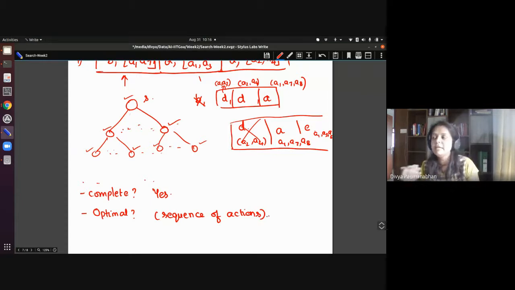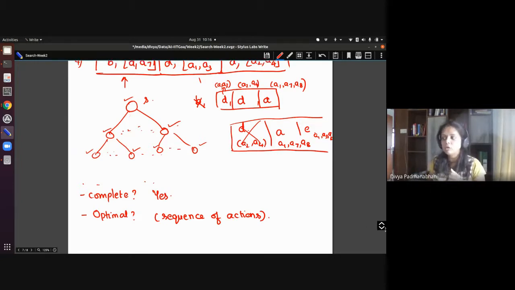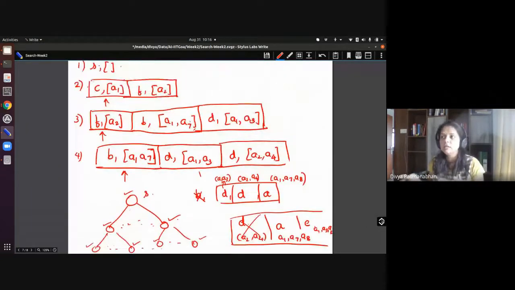You can define many other things, like how many times you end up pushing things into the stack, and whether it is optimal with respect to that. That is a different analysis in itself. There are different notions in which you can define optimality. Here we are looking at just the sequence of actions.